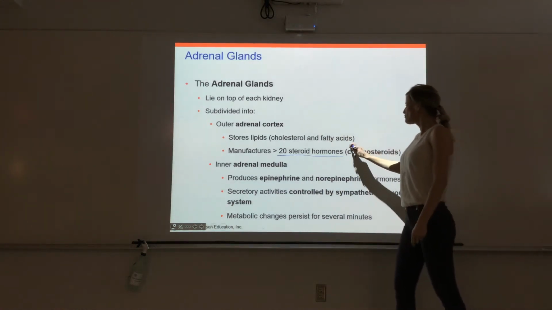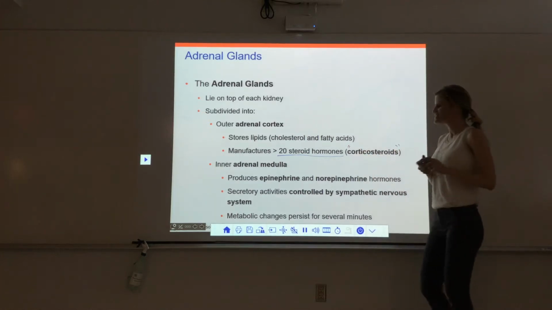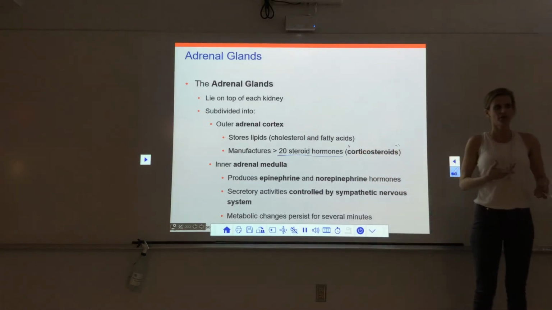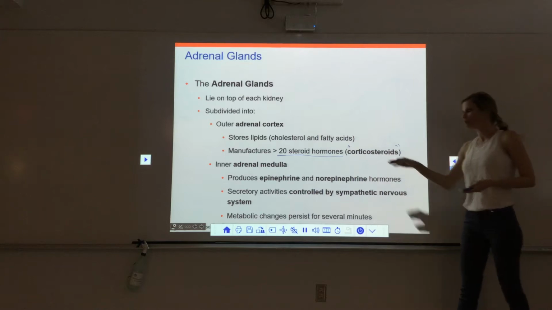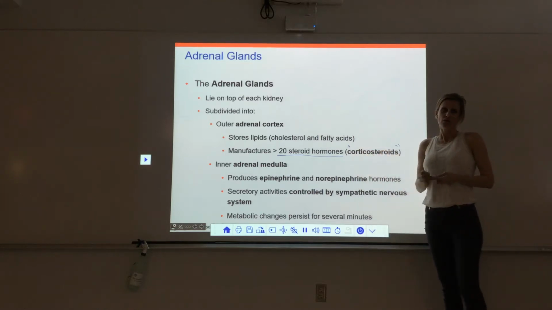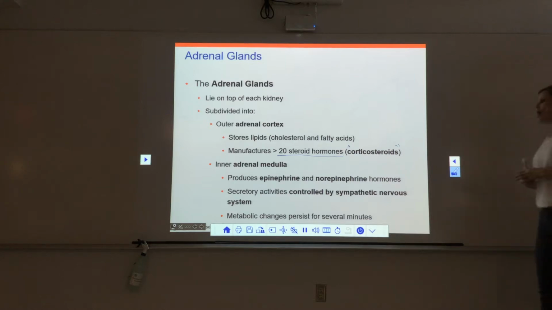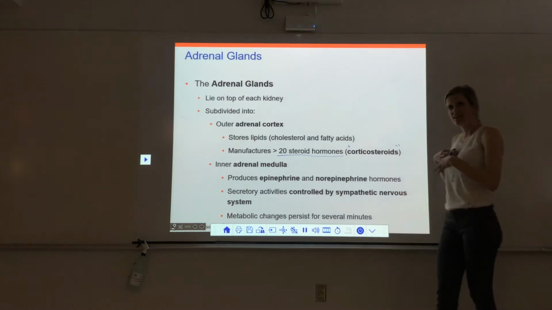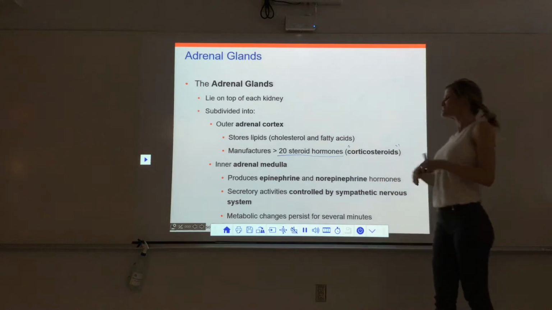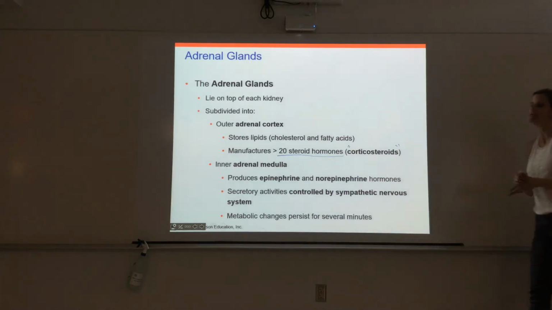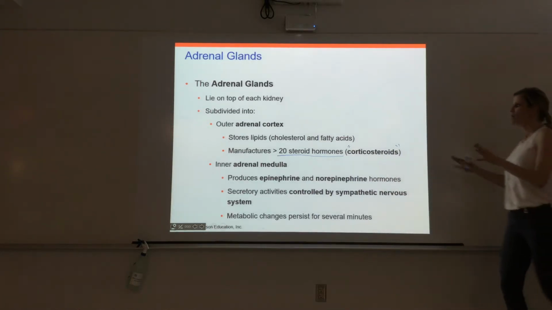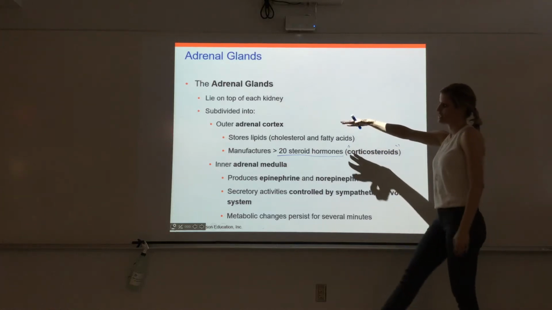Collectively, as a whole, we refer to these as the corticosteroids. They're steroids, and they come from the cortex. Okay, so we'll see a lot of different ones. We'll see cortisol, hydrocortisone. We'll even see stuff like testosterone. We'll see lots of different glucocorticoids, mineralocorticoids, lots of them. But we've just got steroids coming from the cortex.